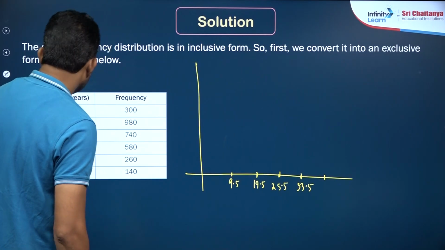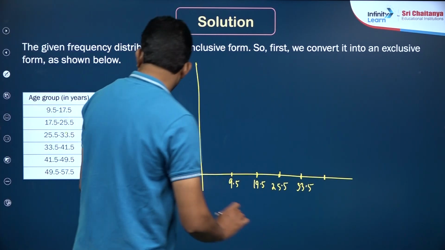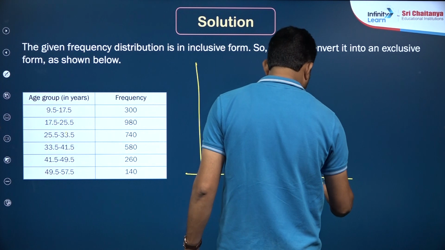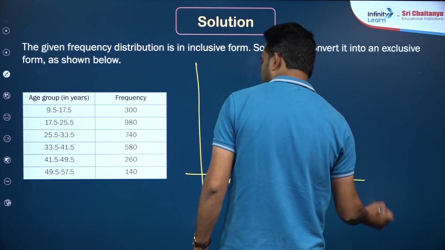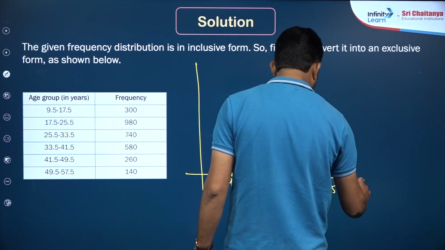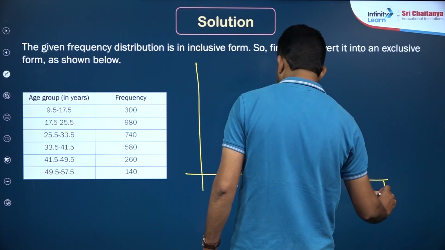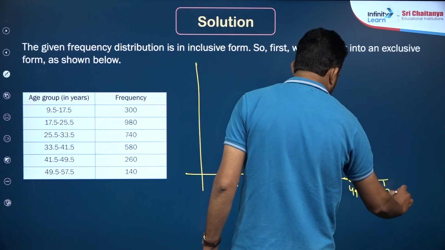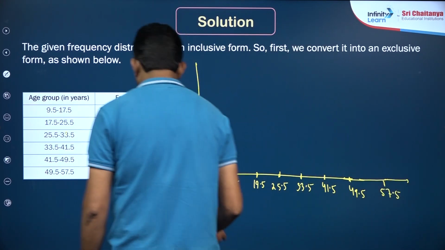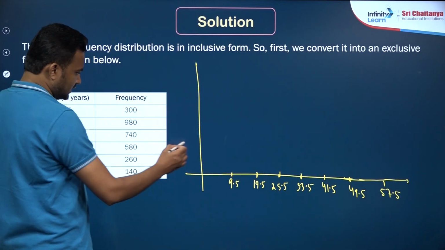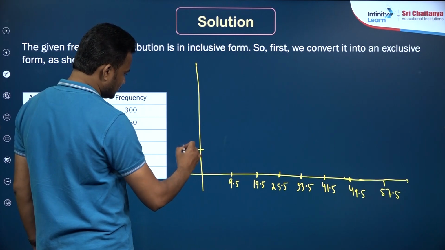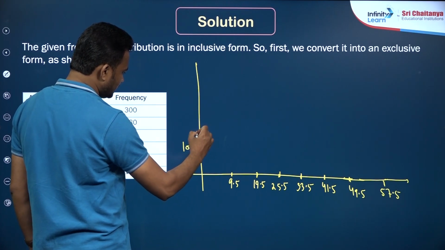Yes, okay. So this will be 33.5, right? Then 41.5, and accordingly it will be 49.5, then 57.5, right?